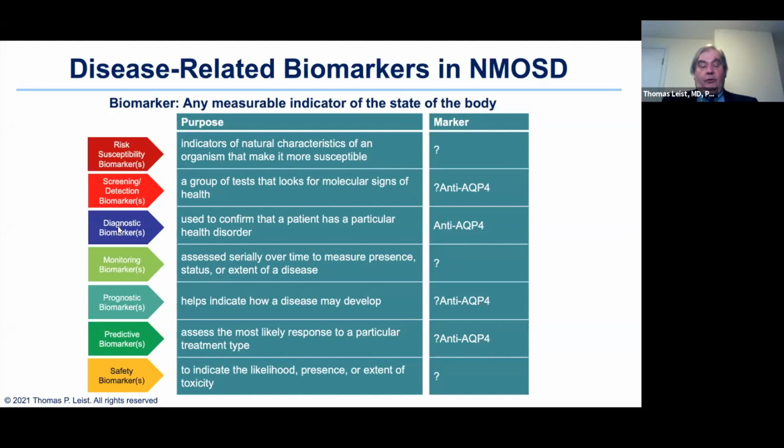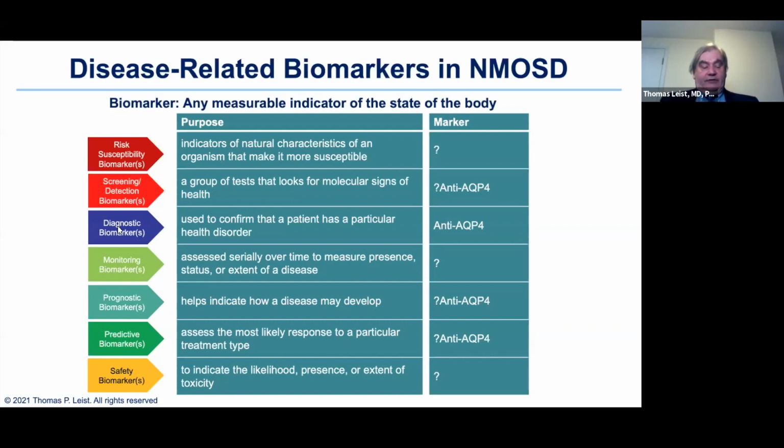It may also have a prognostic value, because as we're going to discuss later on, all the currently approved treatments for NMO spectrum disorder are approved for patients that are positive for the anti-aquaporin 4 antibody, because in the individuals that are negative for the aquaporin 4 antibody but are believed to have neuromyelitis optica, conclusive evidence regarding the efficacy of these medications is not available at this point in time.